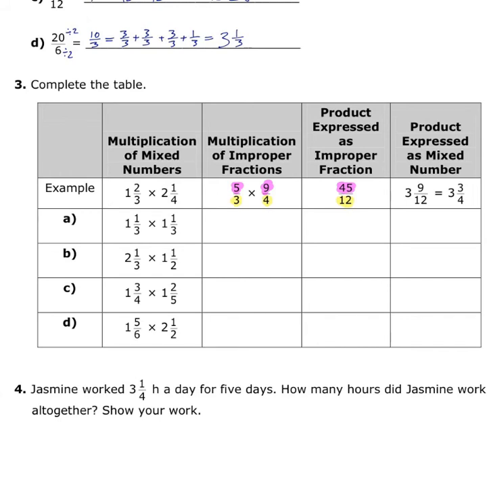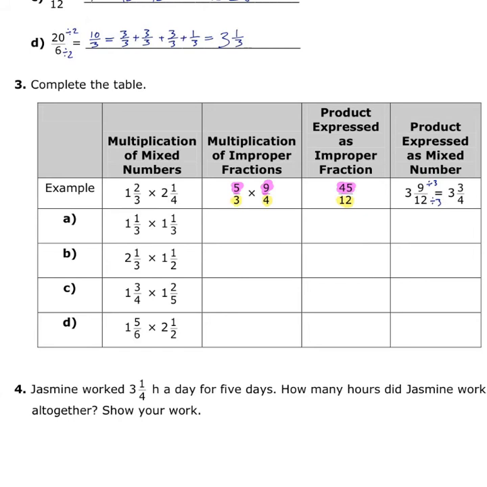And 45 over 12 as a fraction, well, you can see that 12 goes into 45 3 times. 3 times 12 is 36, and there's going to be another 9 left over out of 12. So that 9/12 of course can be reduced to 3/4 by dividing the top and the bottom by 3. And that's it, that's the process.